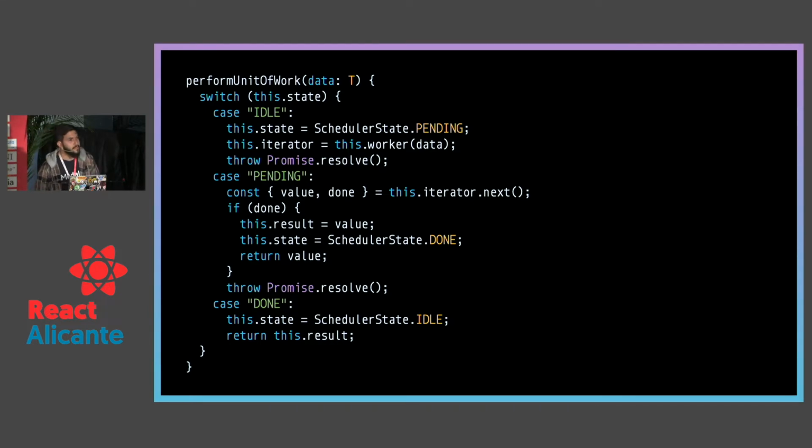What we're doing here is basically switching against three different states: idle, pending, and done. And the magic, besides throwing promises for Suspense, is that we are using the next method of the iterator coming from our generator. And using that, we can, for example, yield or not.